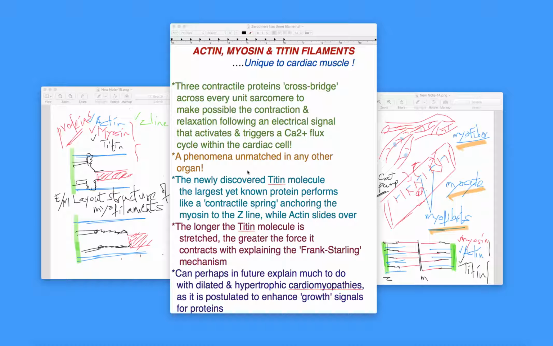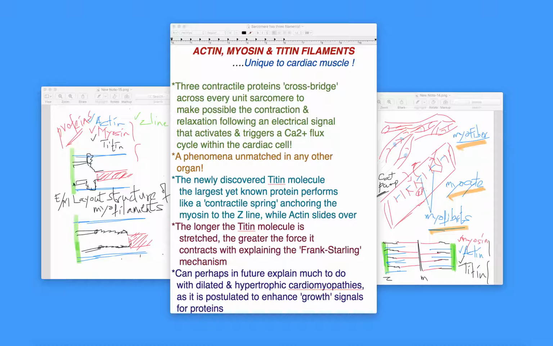Similarly, every cell has its own function, but the cardiomyocytes have this ability called the sarcomeres, and there are tons and tons of sarcomeres within a cardiomyocyte.